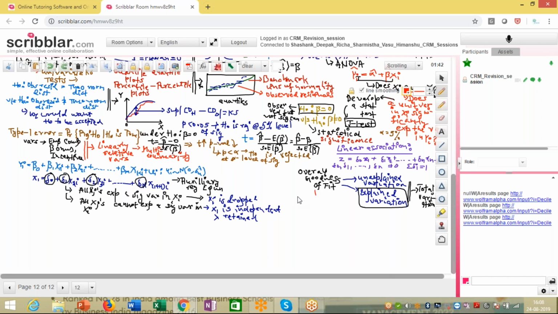Number one is the F statistic, the F stat. This F stat identifies what multiple of the unexplained variation is the explained variation.